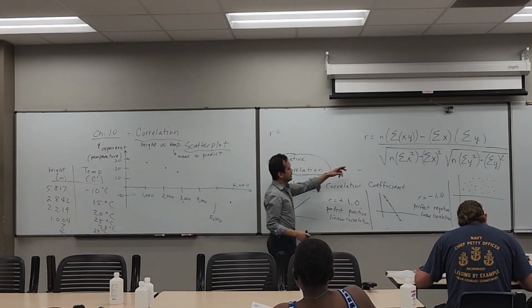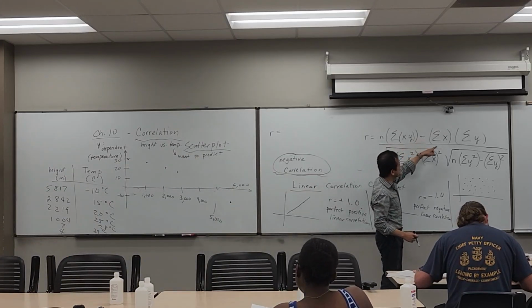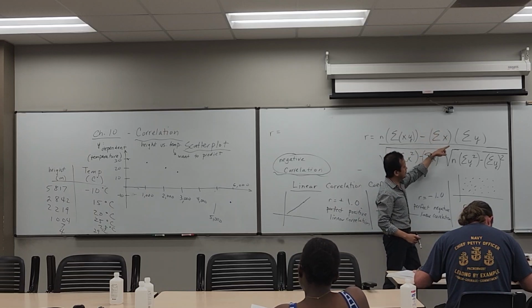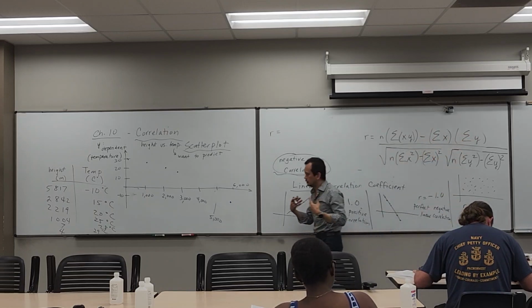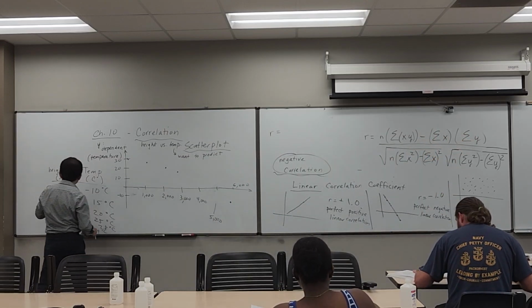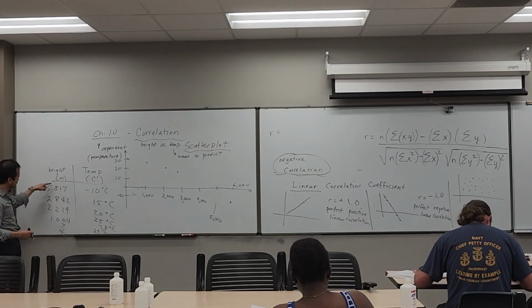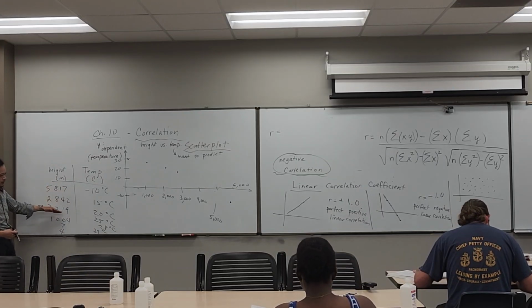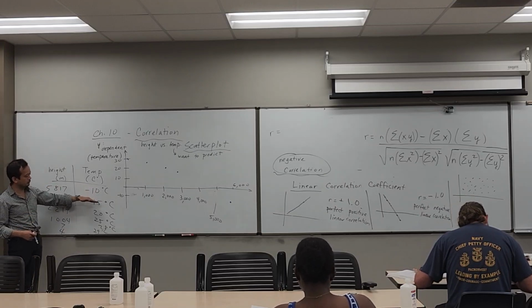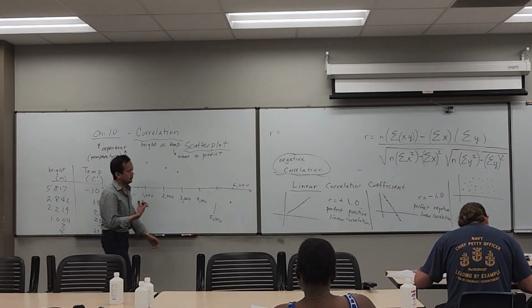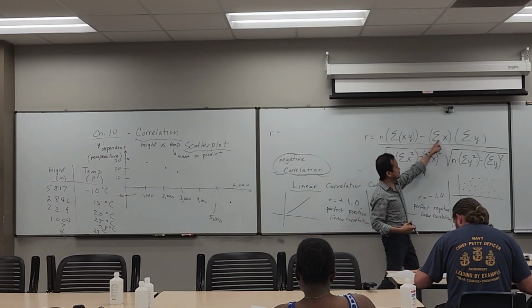So that represents the summation, and then you subtract the summation of just the x's times the summation of just the y's. So you would add up all these x's together, get a number, and then multiply that result by adding up all the y's together. So that would represent these summations up here.